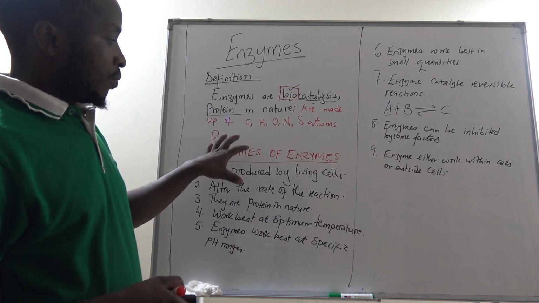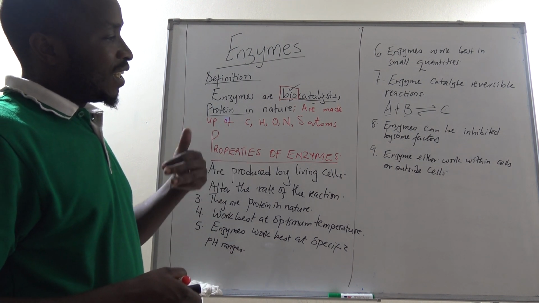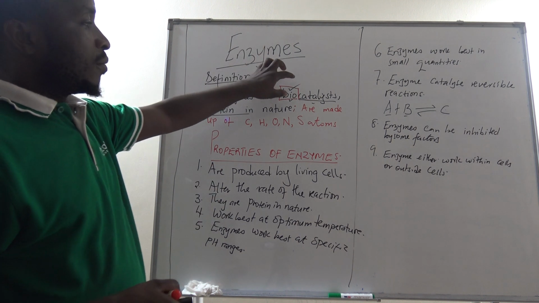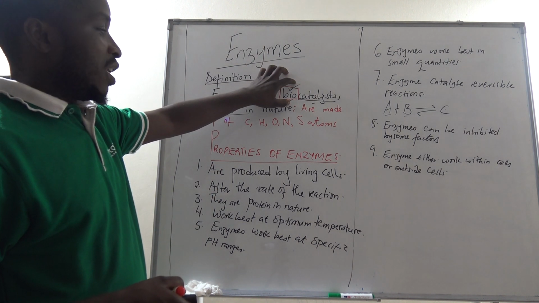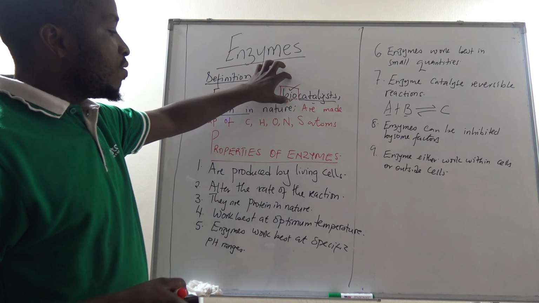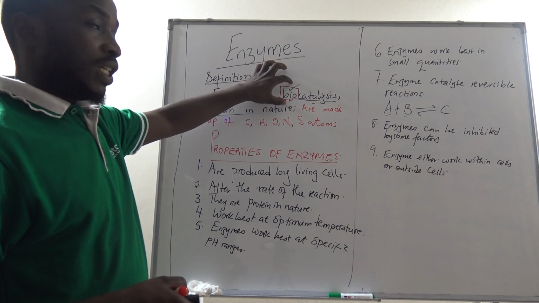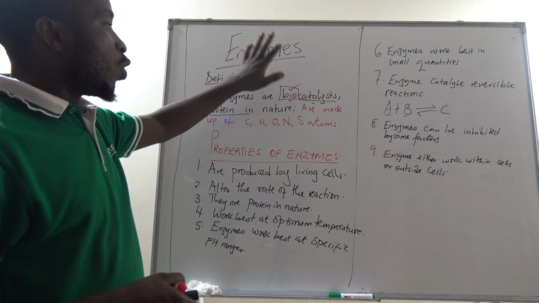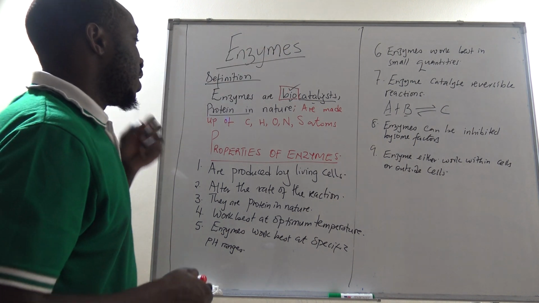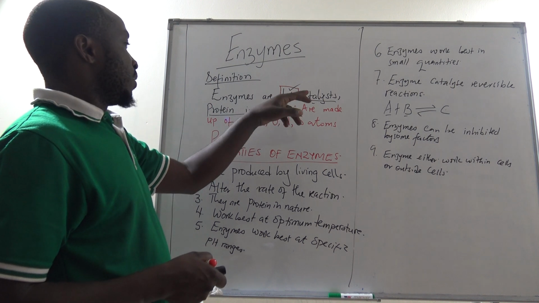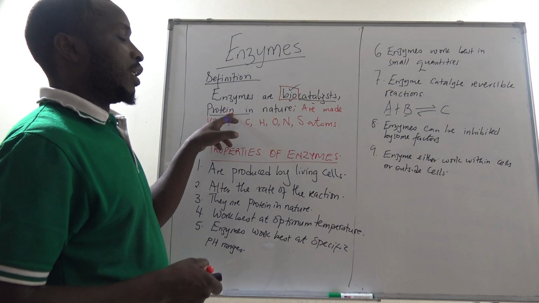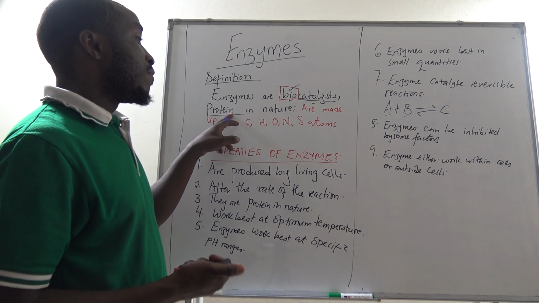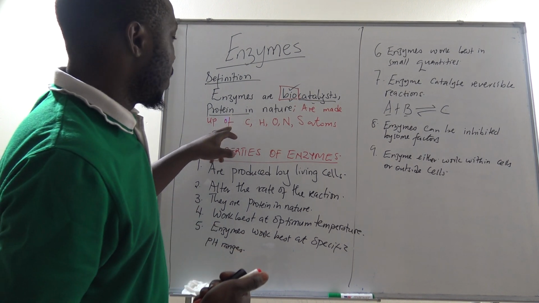So with this, we know now what enzymes do. Enzymes are biocatalysts, meaning they control all living processes which take place within cells or outside cells. Then they are proteins. That's why we have paid attention to them as special chemicals of life under enzymes.